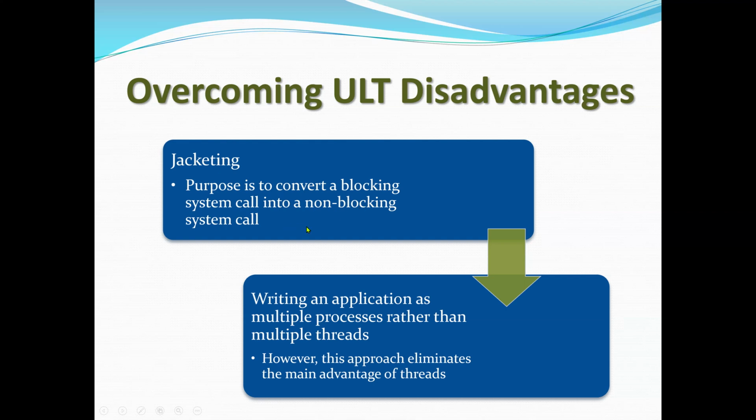For example, instead of directly calling a system IO routine, a thread calls an application level IO jacket routine. Within this jacket routine is code that checks to determine if the IO device is busy. If it is busy, the thread enters the blocked state and passes control through the thread library to another thread. So when this thread is later given control again, the jacket routine checks the IO device again.